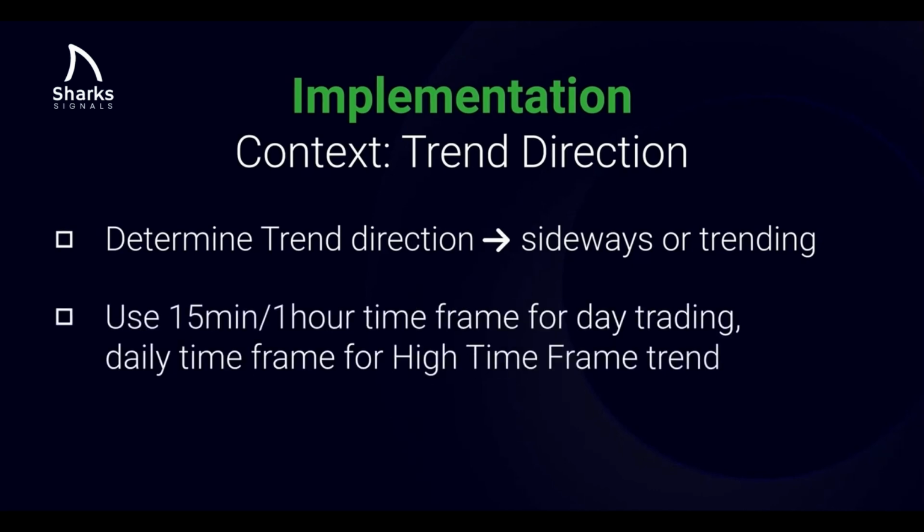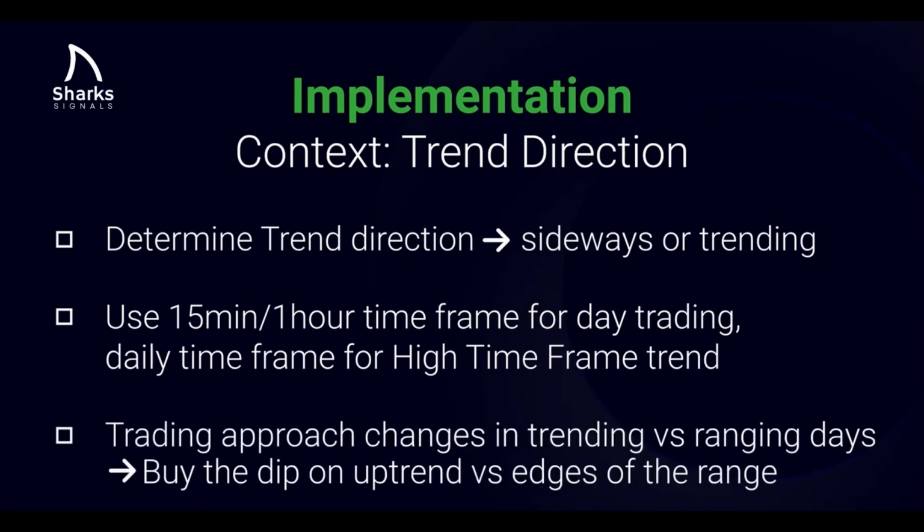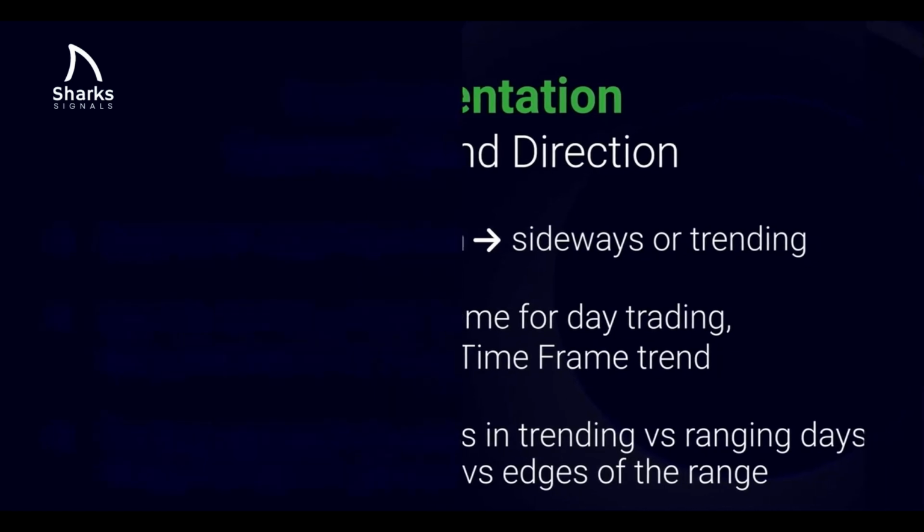You can use the 15-minute to 1-hour time frame for day trading and the daily time frame for the high time frame trend. Your trading approach changes in trending versus ranging days. As for example, on an uptrend day, you can aggressively buy the dip and trail stop losses versus trading only the edges of the range on a sideways day.